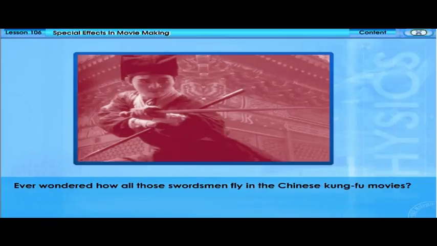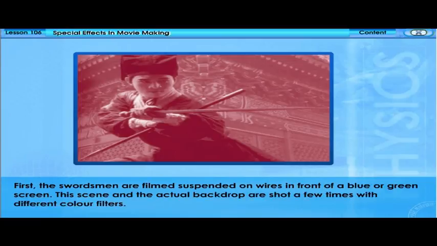Ever wondered how all those swordsmen fly in the Chinese kung fu movies? First, the swordsmen are filmed suspended on wires in front of a blue or green screen. This scene and the actual backdrop are shot a few times with different color filters.